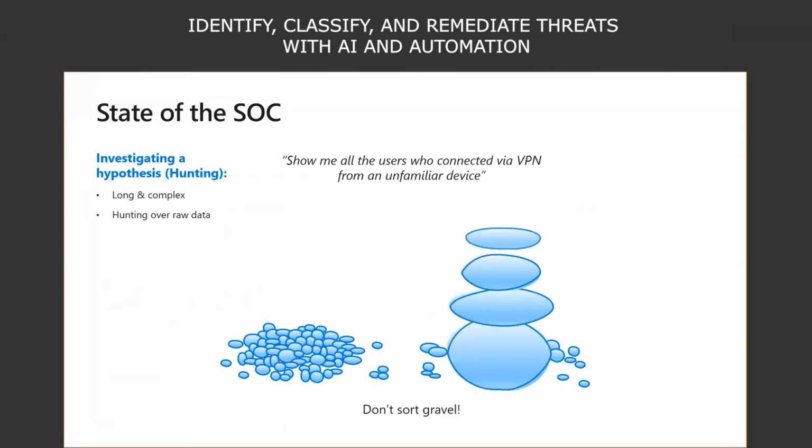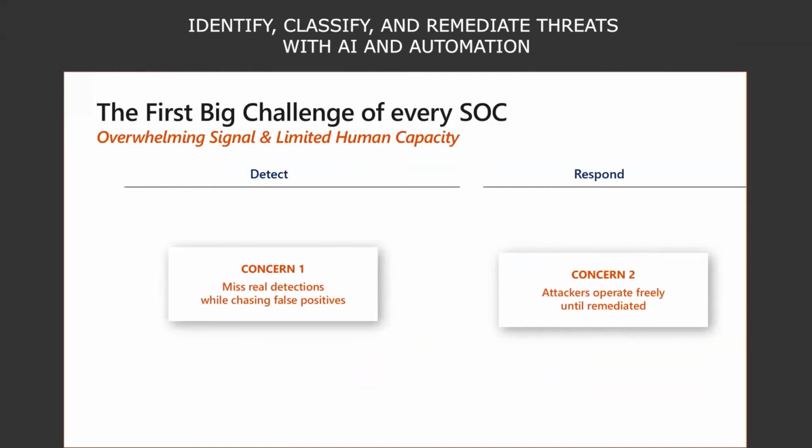It's not an effective use of your SecOps or SOC time. Sorting gravel generally leads to two major concerns. The first, you might miss real detections while chasing false positives. Second, attackers are operating freely until they are evicted from the environment.